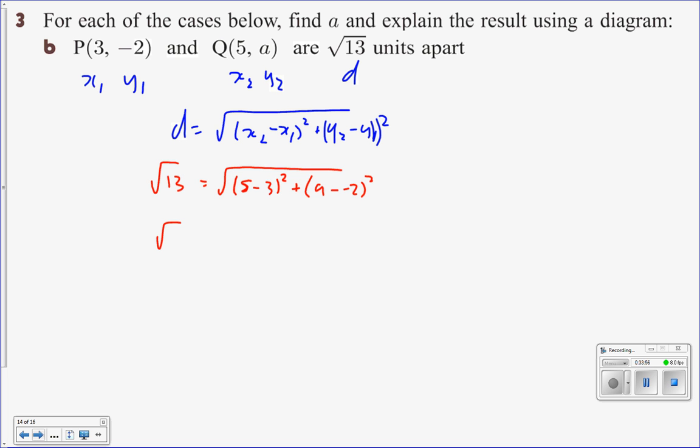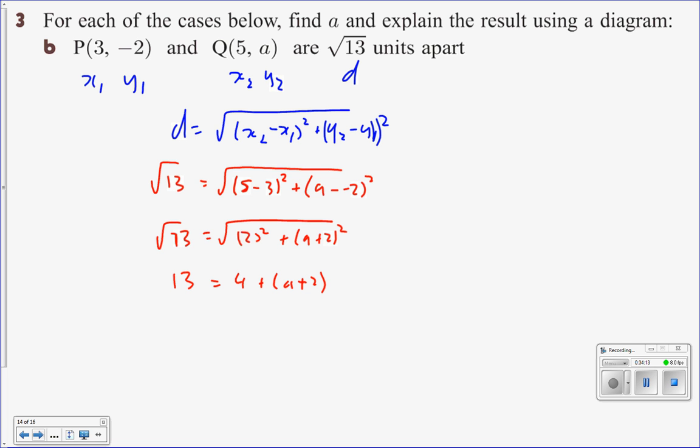So square root 13 is going to be square root 5 take 3 is 2 squared, plus a take, so it's going to be a plus 2, all squared. Square both sides, so we've got 13 equals 4 plus a plus 2.